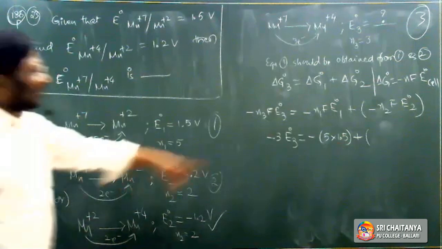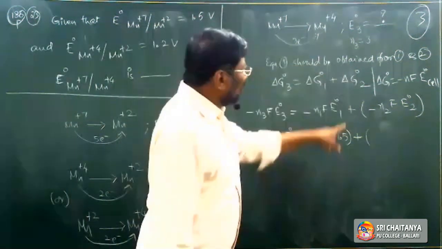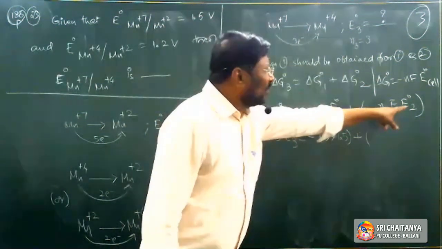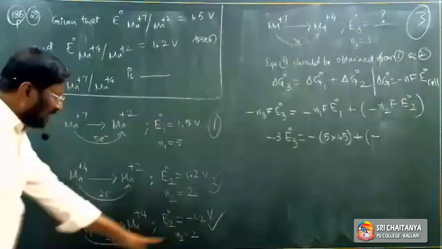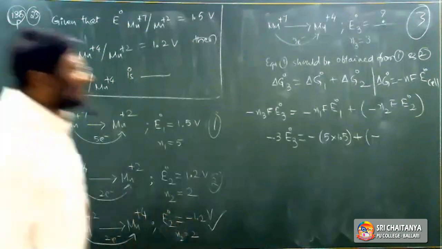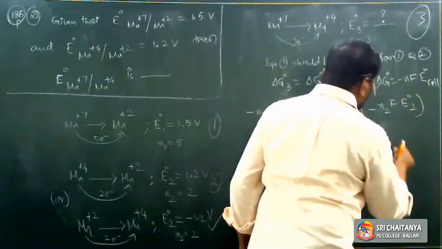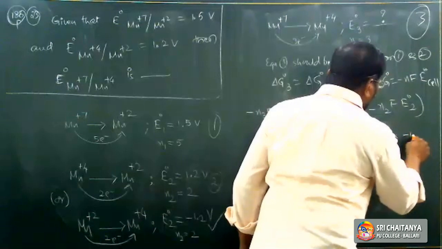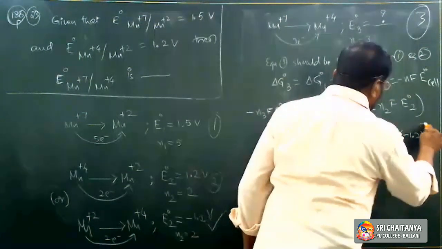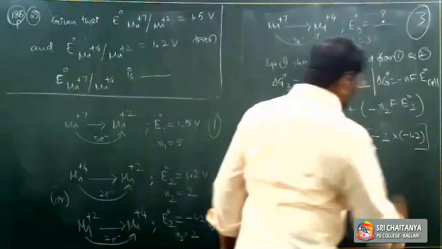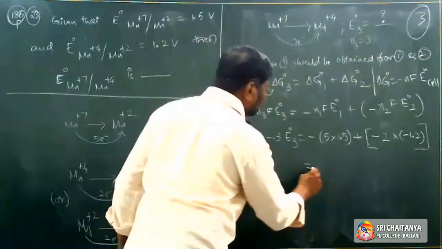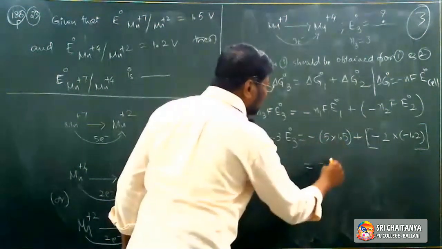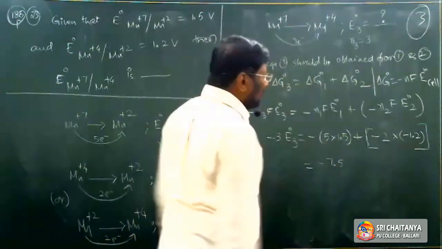Then the second one: minus N2 F E0 2. What is the N2 value? 2 into minus 1.2. So how much is it? This is minus 7.5.